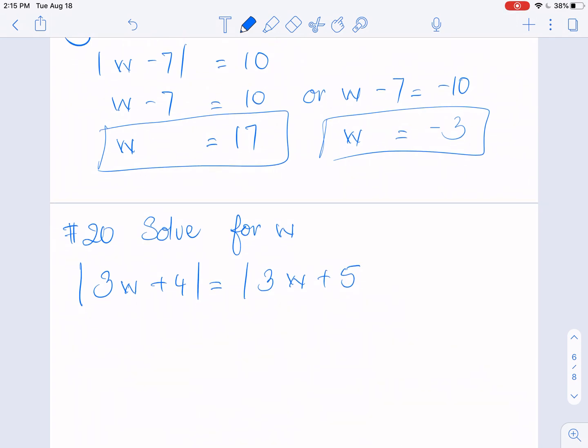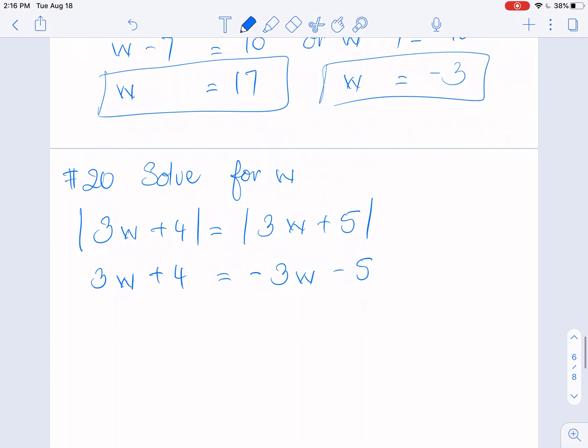For this one, you can drop the absolute values and make one of them negative. So I can make this one negative.